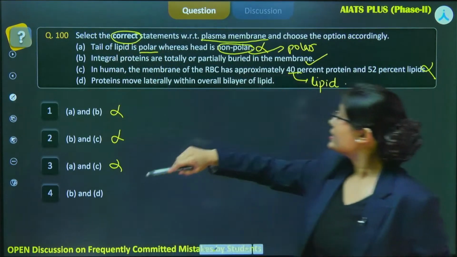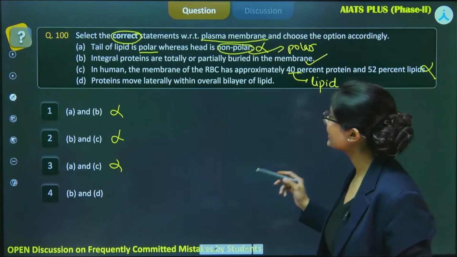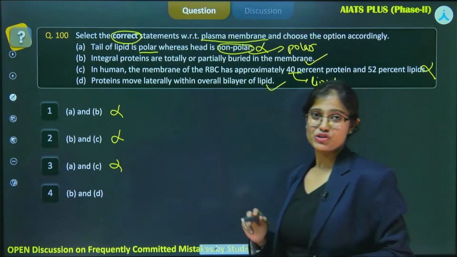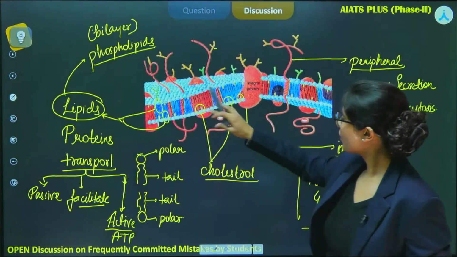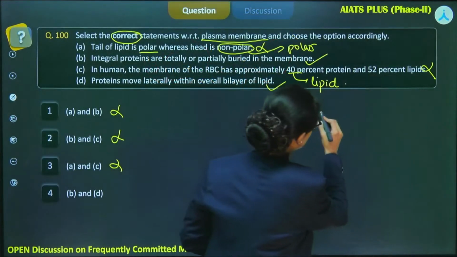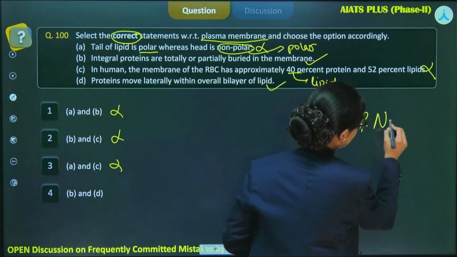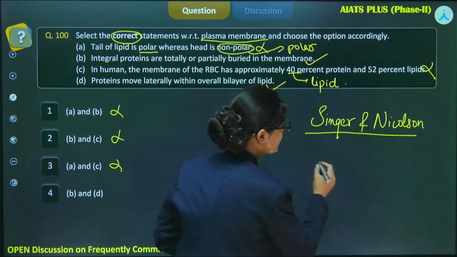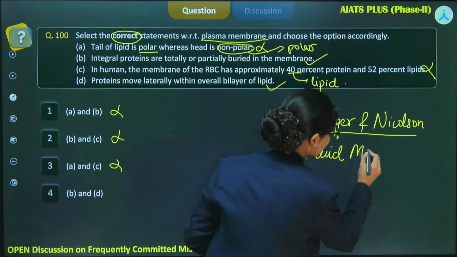Now statement D, which says proteins move laterally within the overall bilayer of lipid. So yes, this is absolutely true. One thing which I left out in explaining the concept is that the model given by Singer and Nicholson, they are the persons who gave the fluid mosaic model of the plasma membrane.